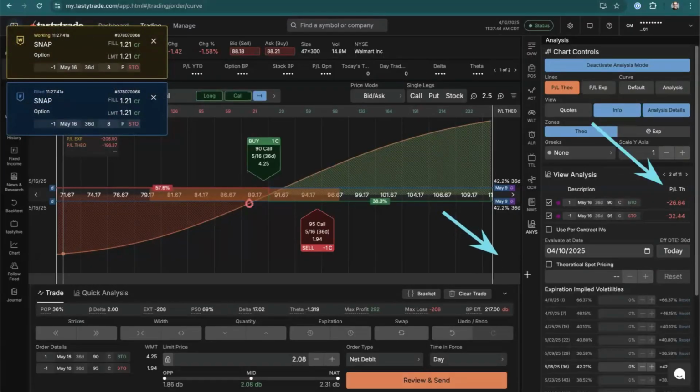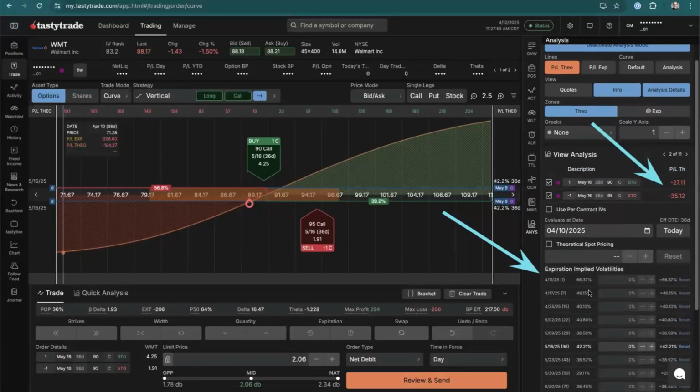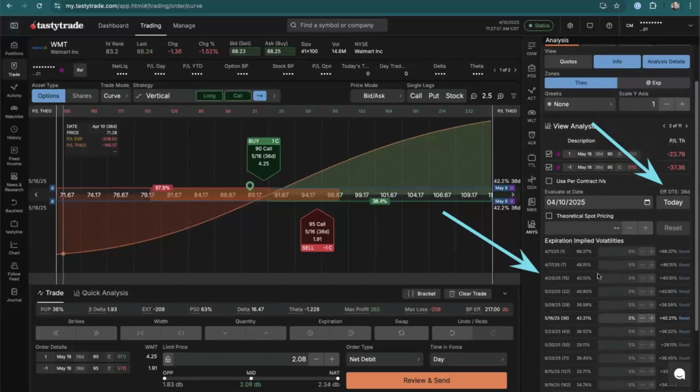It looks like someone's firing off some trades in one of the other accounts here. Another thing we can do is look at implied volatilities too. In this case, we can look at our expiration's implied volatility. We're a long call spread, right? So we want volatility to increase.